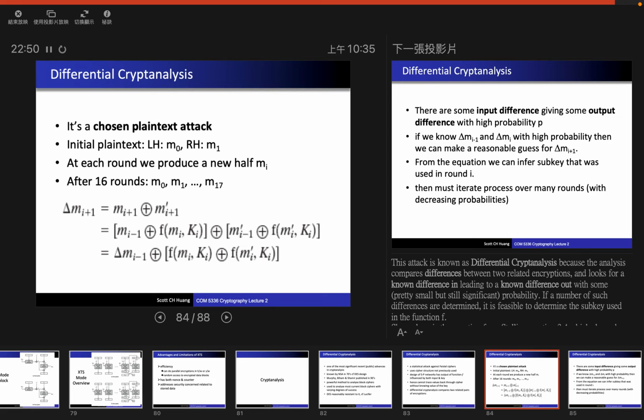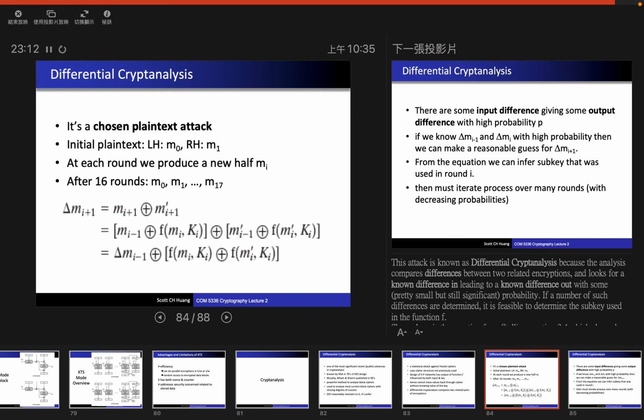For any relationship you find, each one will reduce a bit of exhaustive key search. So let's say you have 10 relationships known, then you can reduce 10 bits of exhaustive key search. That's the idea.